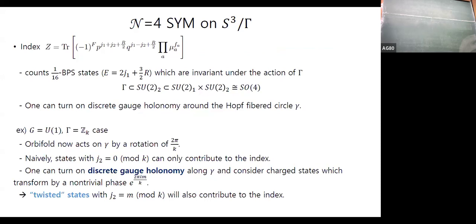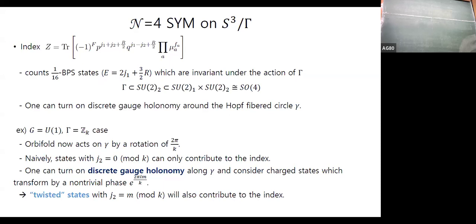So now we turn on the discrete gauge holonomy, meaning that for gamma-invariant fields, the geometric phase we get from the parallel transport and this charged phase should be equal.